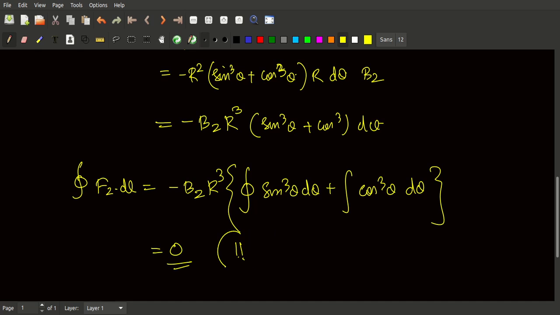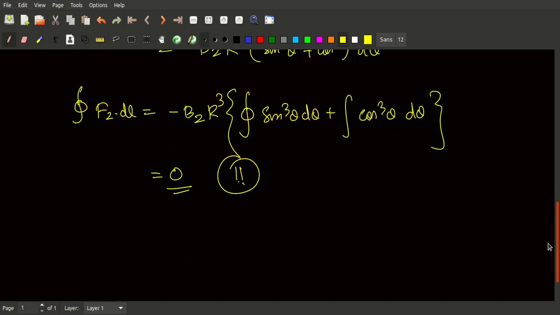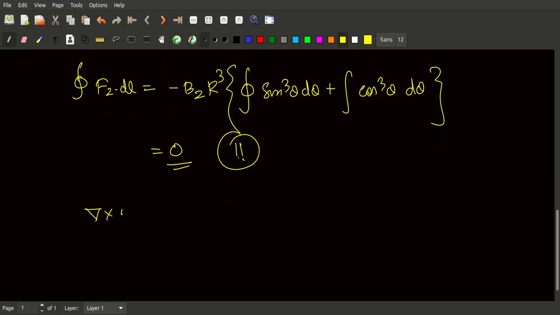So there is an alert I am putting here. You remember the same force when we calculated earlier gave us del cross F not equal to 0, but now I am getting this ∮ F · dl equal to 0. I said in the previous discussion that del cross F not equal to 0 is a non-conservative force, and for a conservative force this path integral will give you equal to 0.